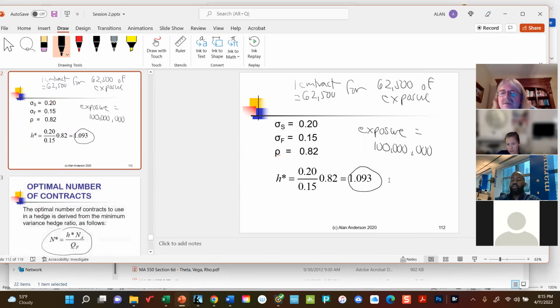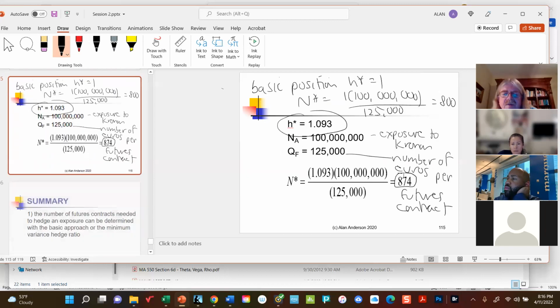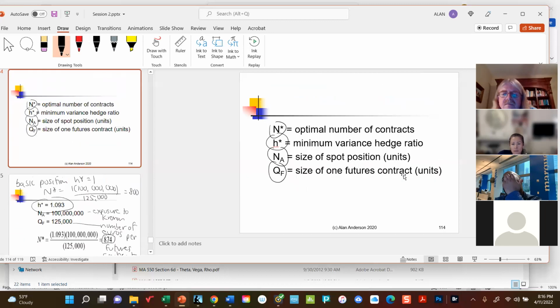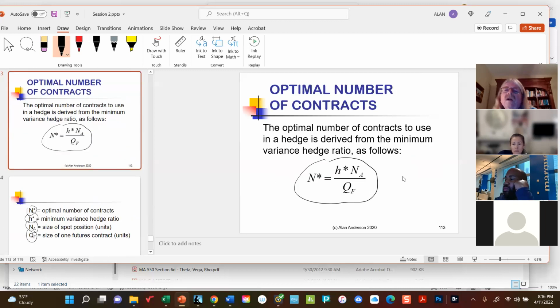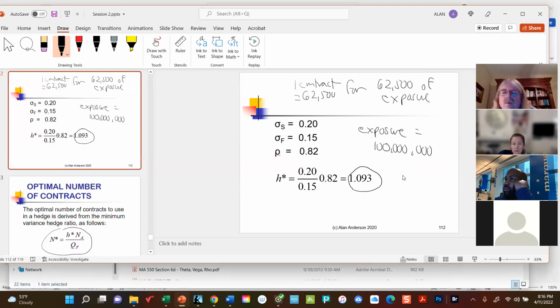So when I plug in these numbers, it turns out that I need 1.093 contracts for every dollar of exposure. So it's 1.093.